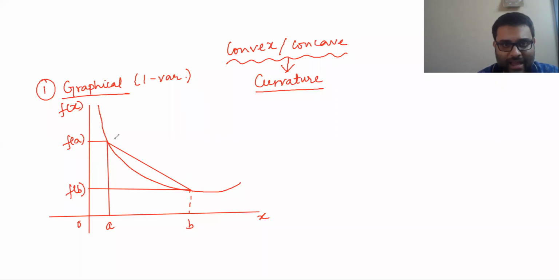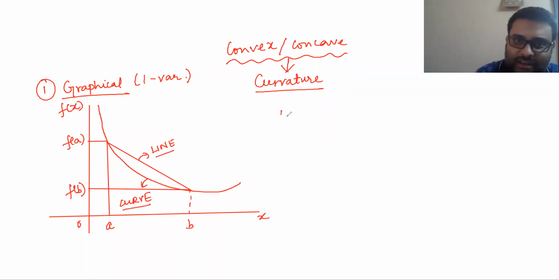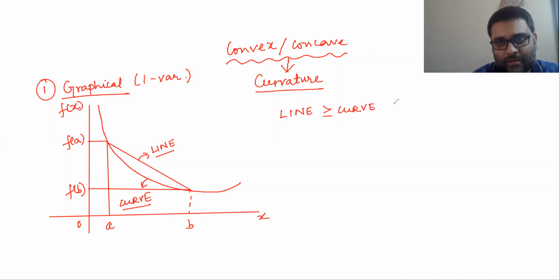Okay. If the line is above the curve, this is the line, and this I call as the curve. If I draw a function and I notice that the line is above the curve, that is greater than equal to the curve, this function is called a convex function.